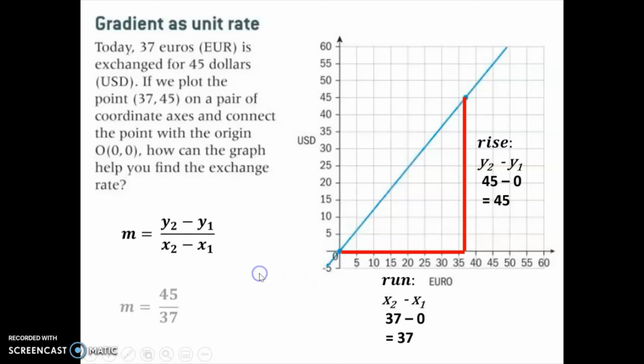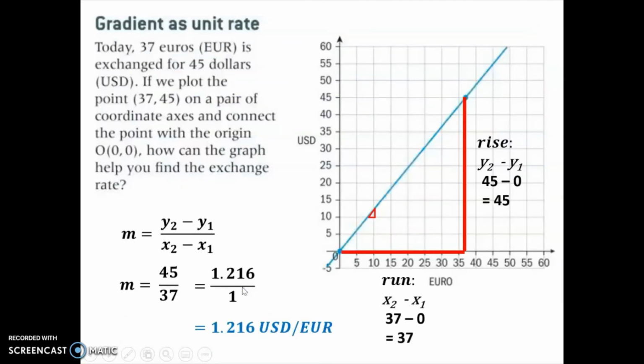Therefore, our slope is 45 over 37, and that tells us, as a unit rate, when I divide those, 1.216 over 1, which means 1.216 US dollars for every euro. And that makes sense. It takes more dollars to get 1 euro, and we can see that here. It took more dollars to get those 37 euros. All right, nice application of unit rates.